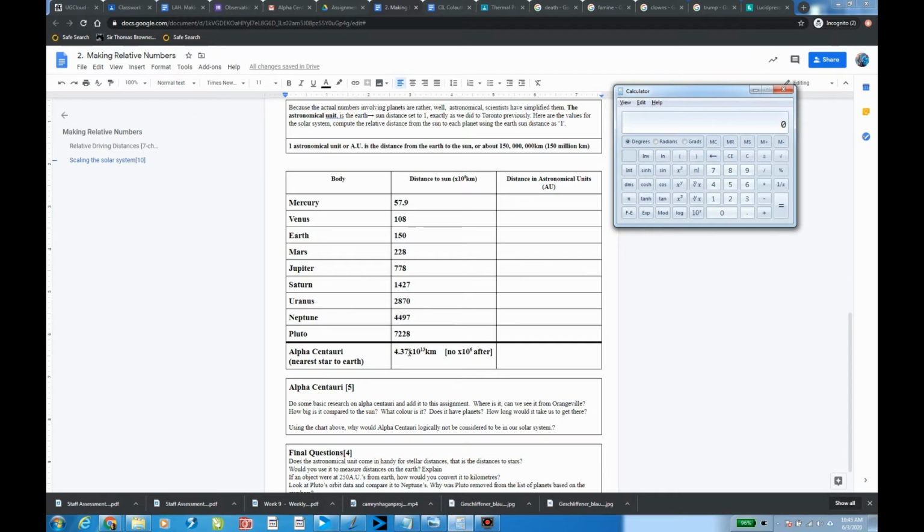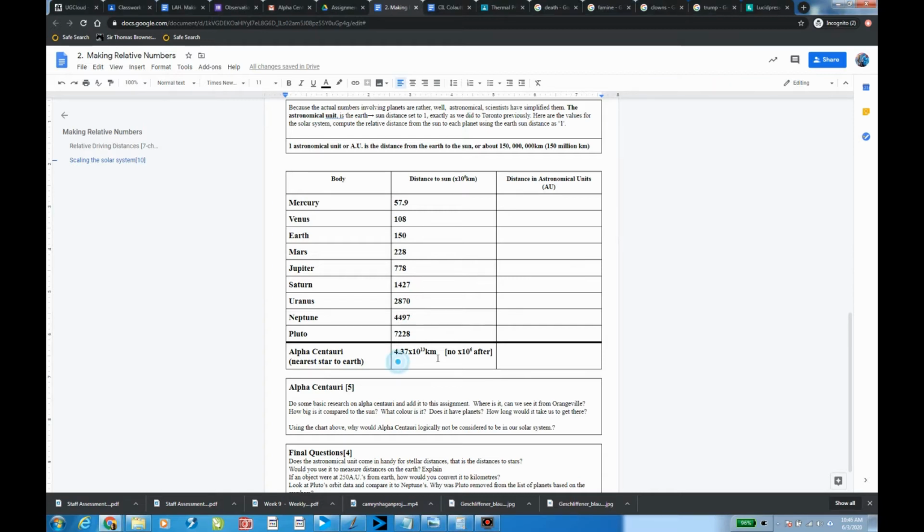I think you would find it easier if you simply took the 6 zeros off so it would fit on this chart. So all you'd have to do here is change this number to 4.37 times 10 to the, take away 6 zeros, we're left with 7 kilometers.